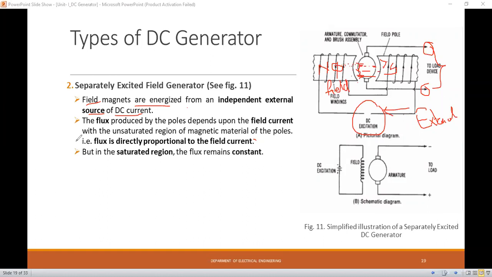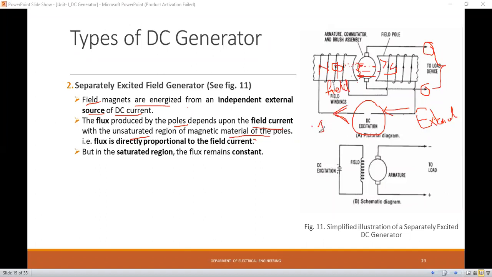See, the flux produced by the poles depends upon the field current within the unsaturated region of the magnetic material of the pole. How much flux is produced depends upon the current supplied from that external source, that is the field current.